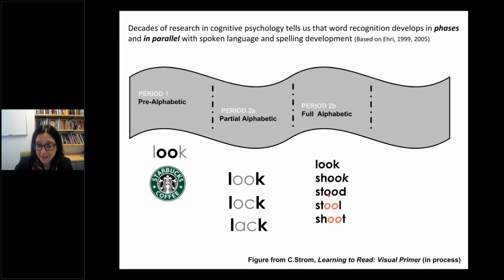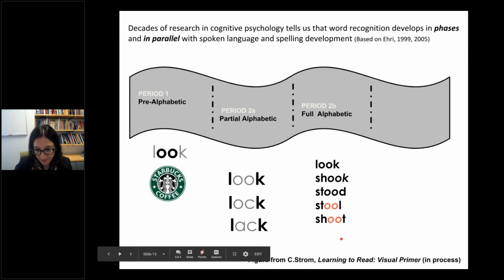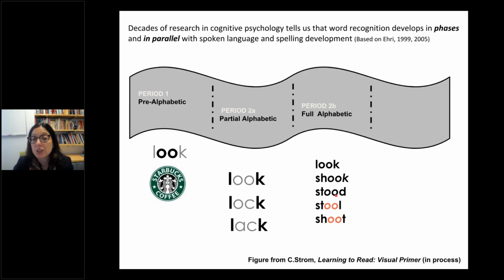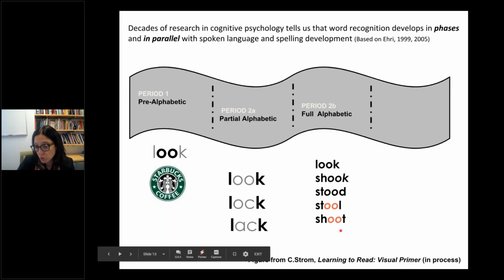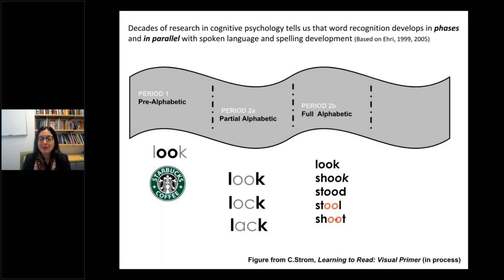Now, the problem that a lot of kids run into in the full alphabetic period, that we've seen over and over in the research, is that vowel digraphs are tricky. Whereas OO says oo in stood, it says ooh in stool, and it says ooh in shoot. So figuring out when OO says one sound and when OO says the other is one of the biggest challenges for kids in the full alphabetic period.